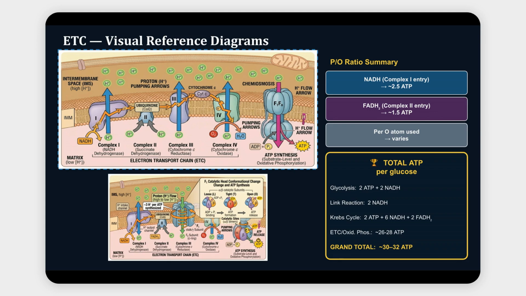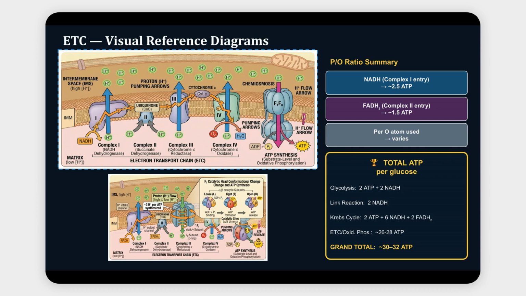Well, let's look at the ATP tally. From glycolysis, we had 2 ATP at substrate level, plus 2 NADH, which will yield approximately 2.5 ATP each through the electron transport chain, giving 5 ATP from glycolysis in total. From the link reaction, we have 2 NADH, giving 2.5 each, giving us 5 more ATP.